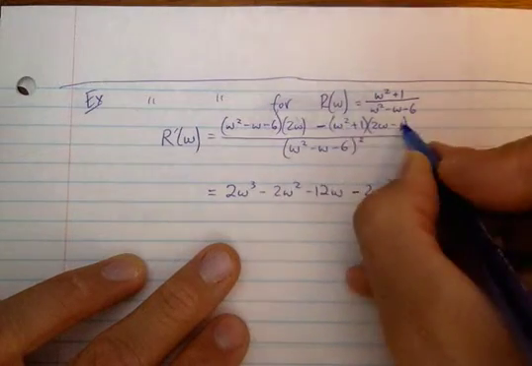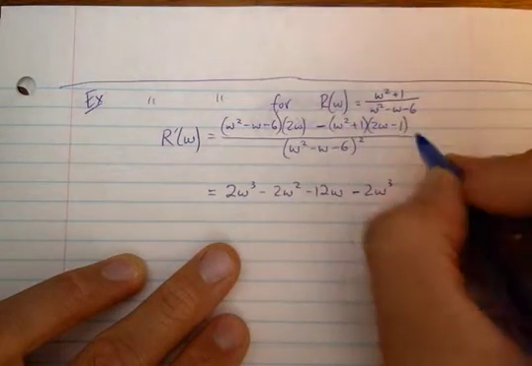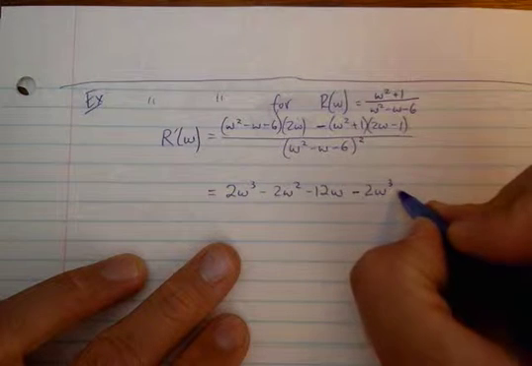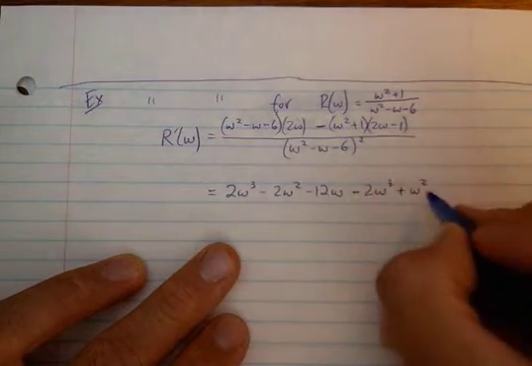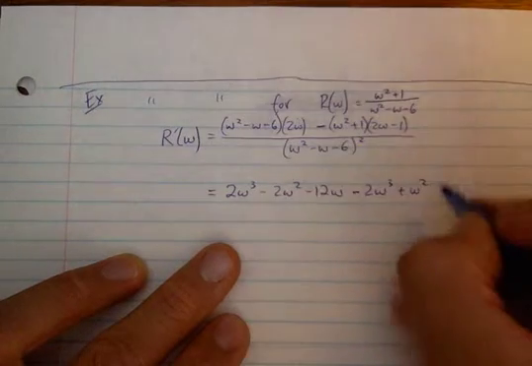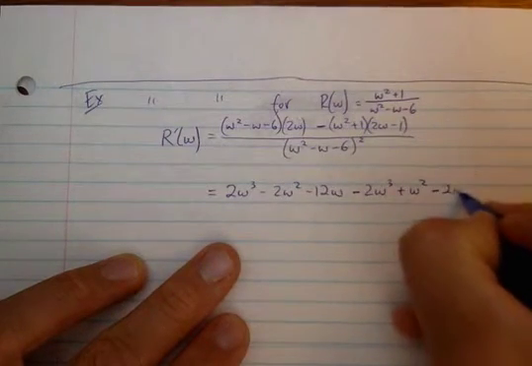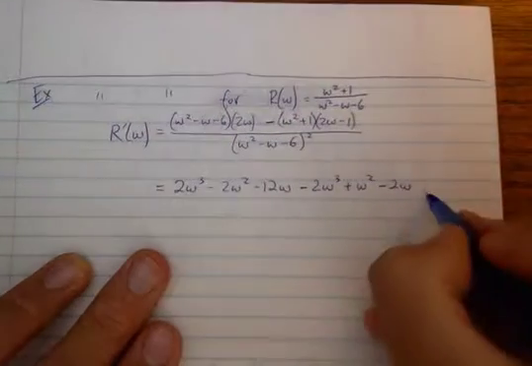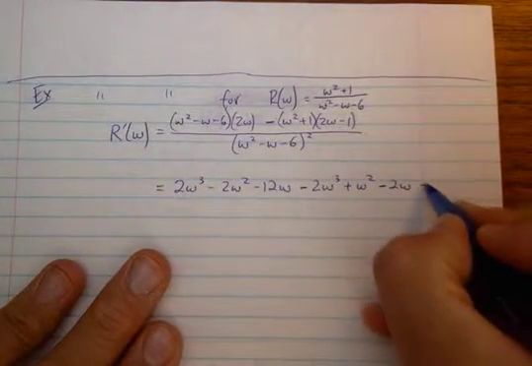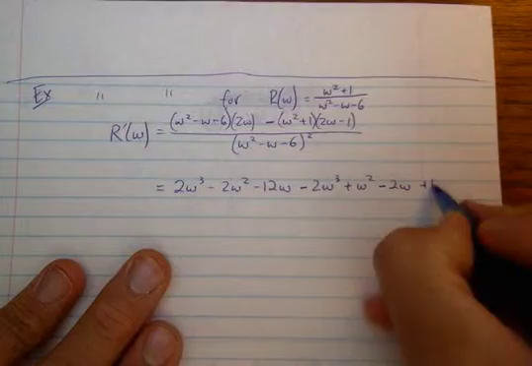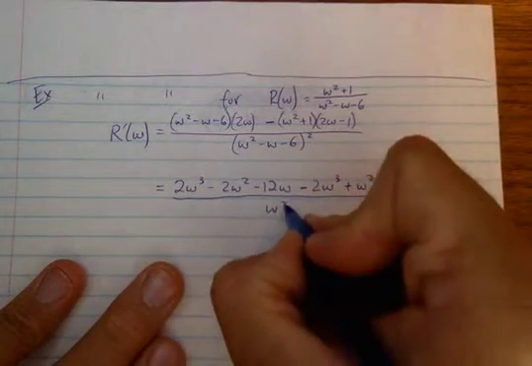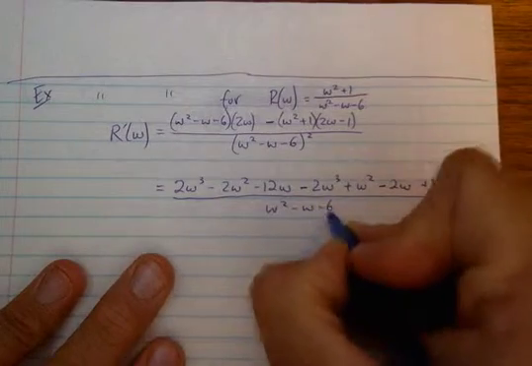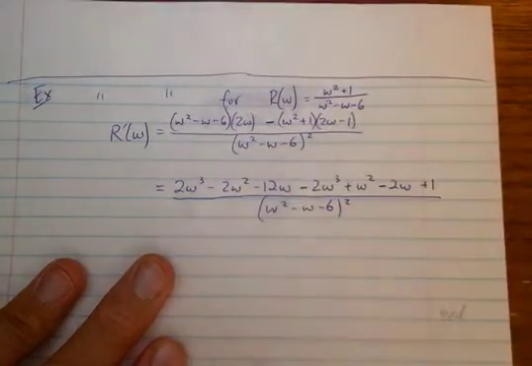This one is negative w squared, so that'll be minus negative w squared, which is plus w squared. And then plus 2w, which will be minus 2w. Minus 1 is plus 1. Woo! W squared minus w minus 6 squared.